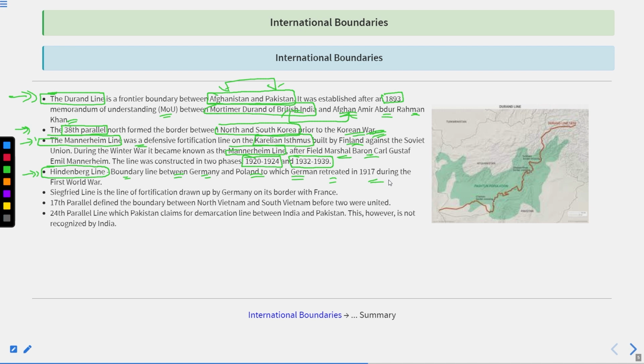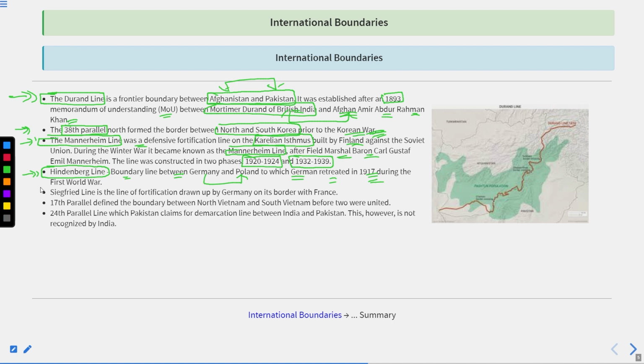The First World War was for 4 years, and the Second World War was for 6 years. So in the First World War, the Germans attacked Poland, but somehow the Germans did not succeed and had to retreat from the Hindenburg Line, the boundary line between Germany and Poland, in 1917 during the First World War.